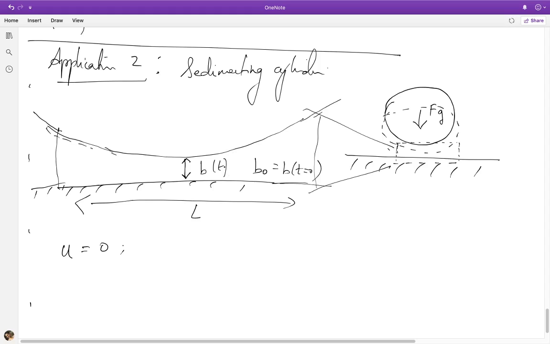If b of t gives you the bottommost position, because the entire thing is a solid, we know that the velocity V is just b dot, the rate of settling of the sphere, which is also just dh/dt.